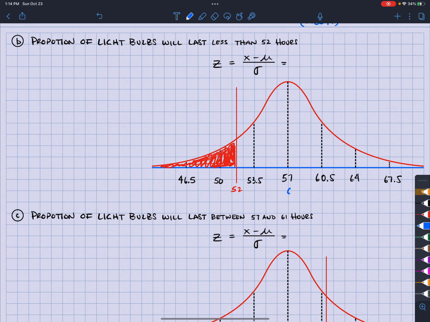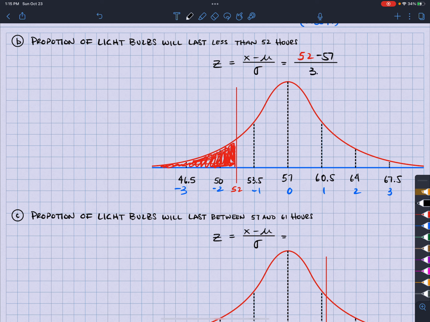So I want 0, 1, 2, 3, negative 1, negative 2, negative 3. Let's take a look. It's going to be negative, between 1 and 2, somewhere in there. Let's see what that looks like. So the x is 52. My mean was 57.